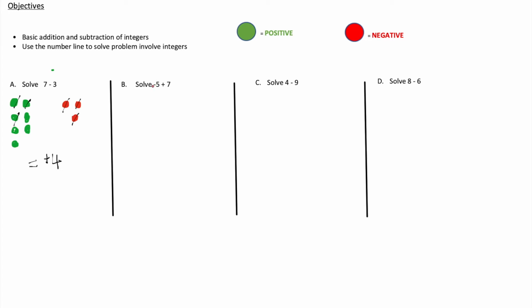Anytime we see an operation, it belongs to the number to the right, so this is -5. To represent the -5 units, we're going to draw 5 circles. Now to represent the +7, we're going to draw 7 circles.